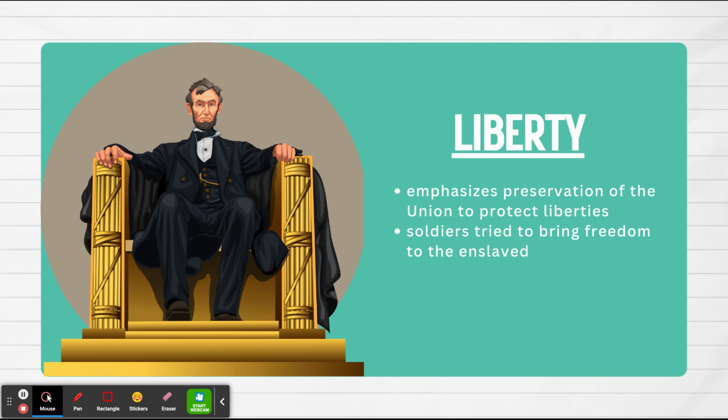So, basically, what happened during the Civil War was as there was increased tension between the northern states and the southern states, mainly based around slavery, the southern states actually seceded from the Union and created essentially their own country. So the Confederation was made up of the southern states.